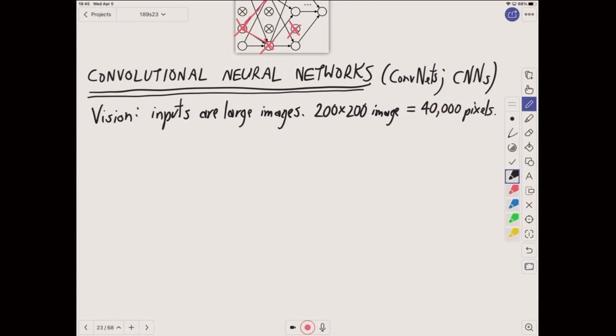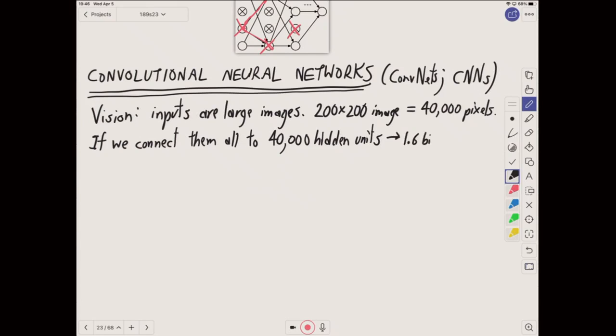Let's suppose that we try to process this in the natural way by connecting those 40,000 input units to the next layer of 40,000 hidden units. Well, if you have a fully connected network, so every input unit is connected to every hidden unit in the first layer of hidden units, that is 1.6 billion connections just in your first layer. That's too much. That's just hard to work with.